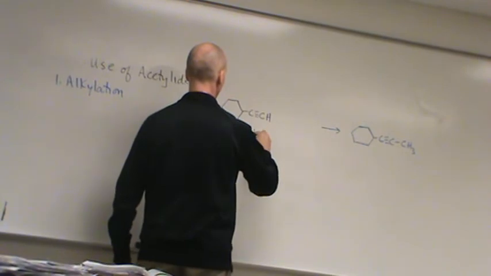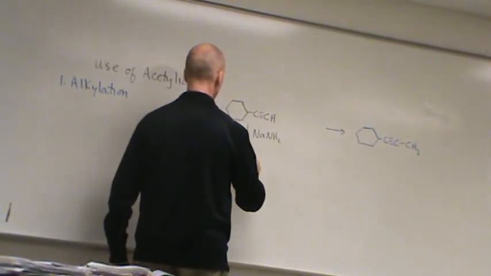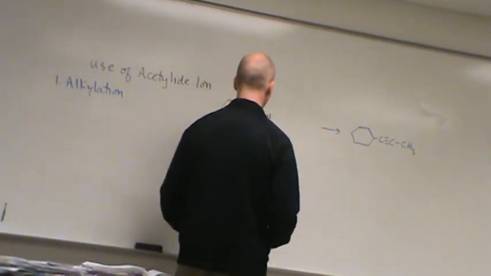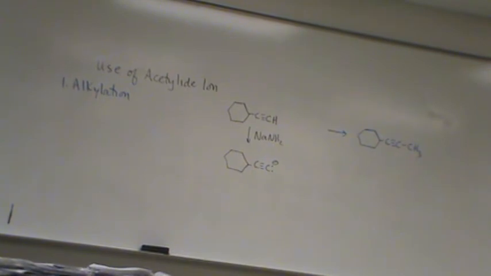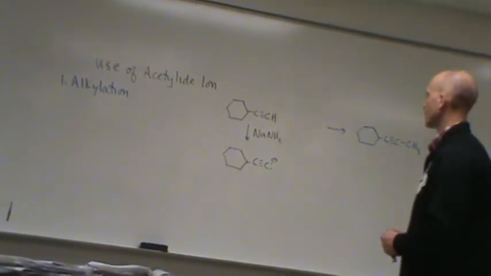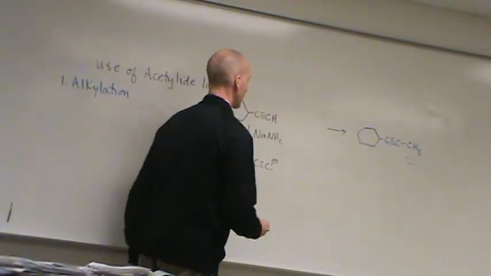Because then if I react with sodium amide, I get that as a nucleophile, which is a primary carbon, not a bulky. So it's a nice nucleophile. And then my substrate is that.